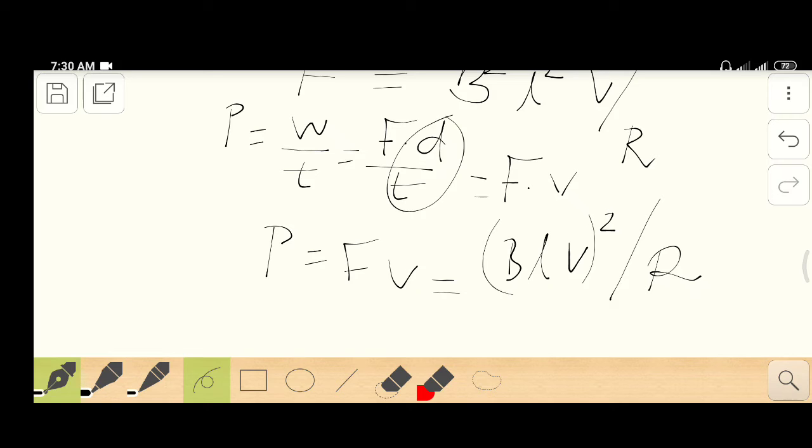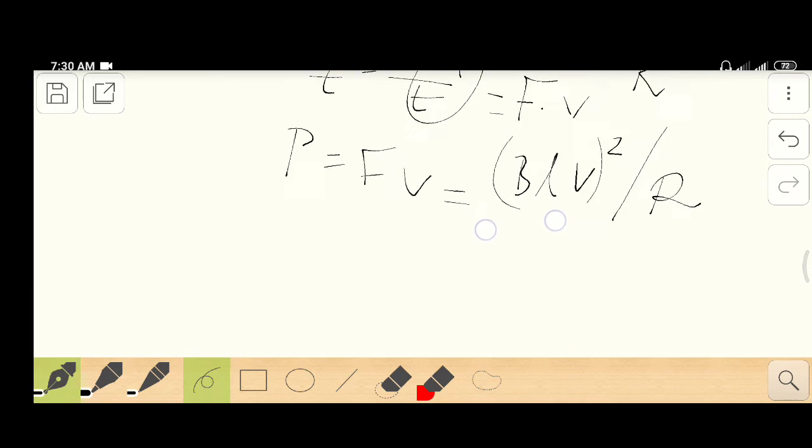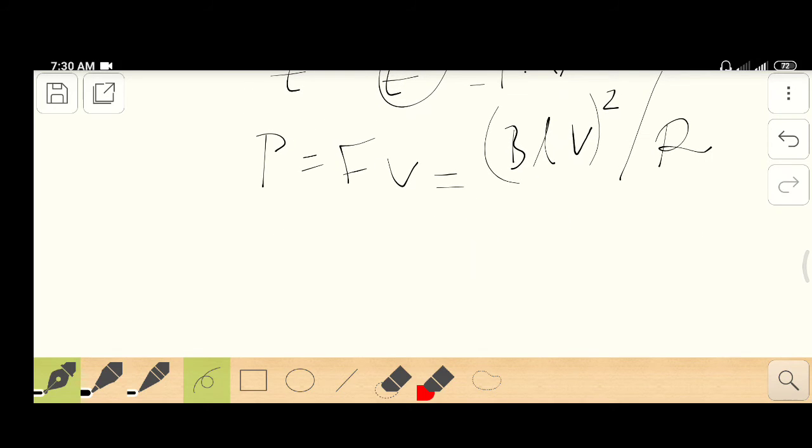This exerted power is converted into heat energy. So we have the current and R values.